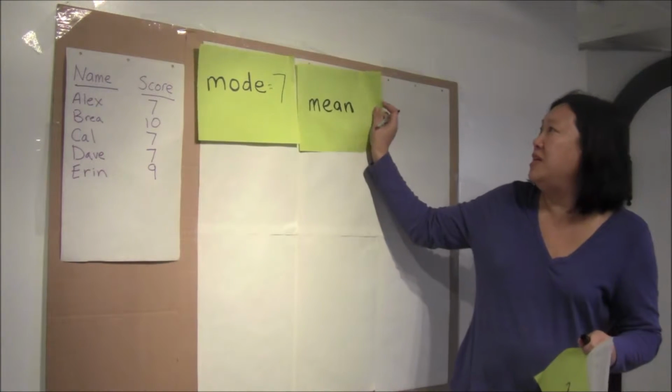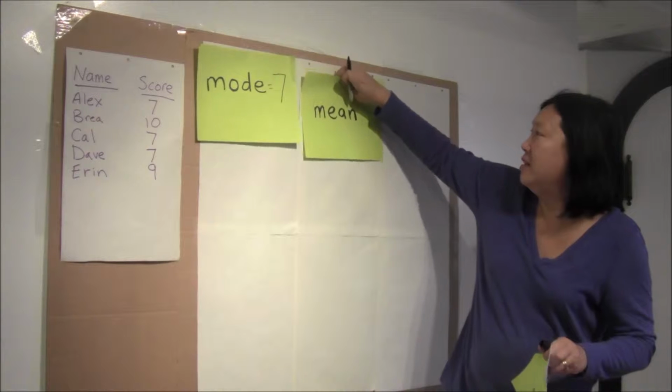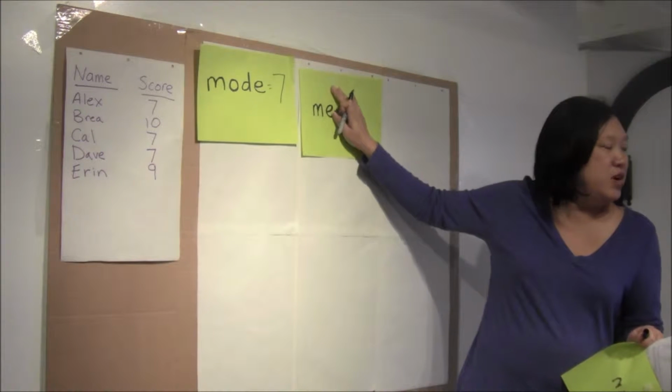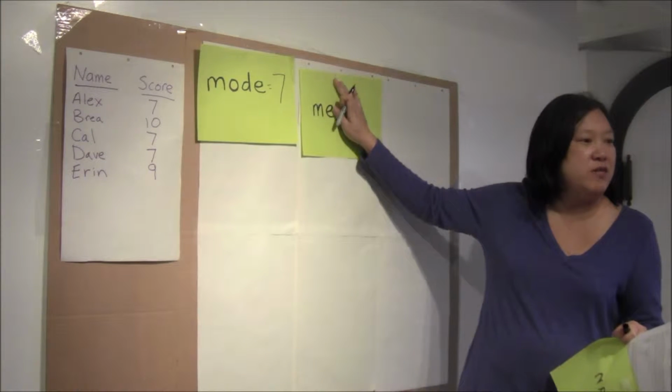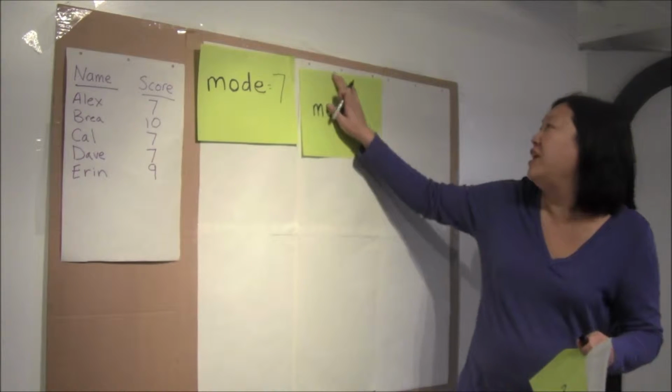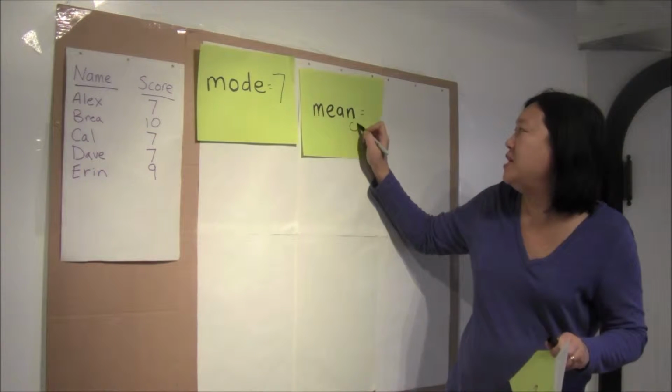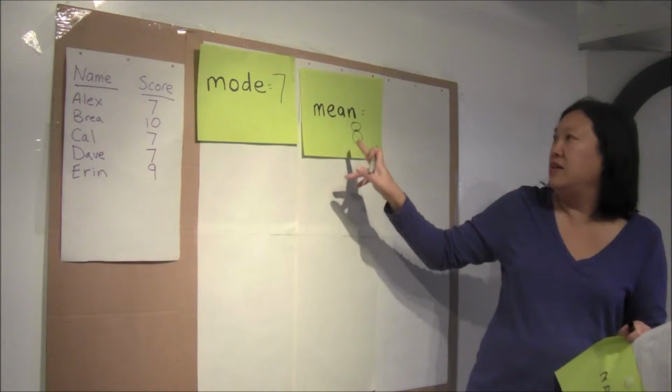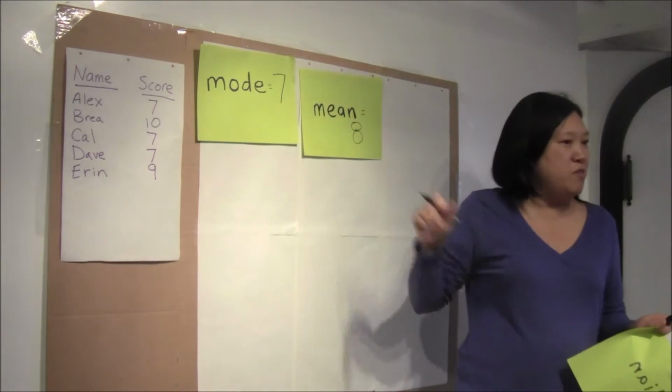Now we're talking about mean. You got a mean of 8. And Zach, is that what you got? Yep. All right. So in this case, we got a mean of 8. So that's a little different than our mode.